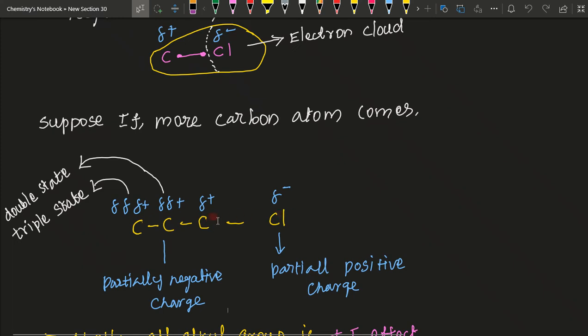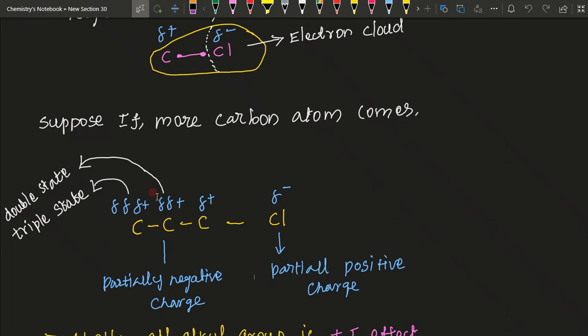This chlorine pulls one electron from this carbon, so this carbon attains partially positive charge. Again this carbon pulls the electron from this carbon, so this carbon attains double partially positive charge. Again this carbon pulls one electron from this carbon, so this carbon gets triple partially positive charge. This is called triple state. This is called double state.